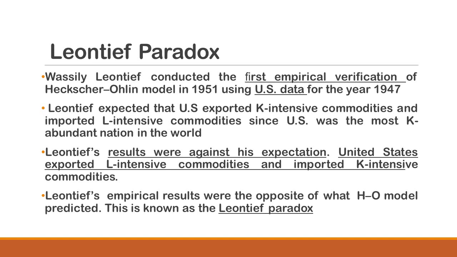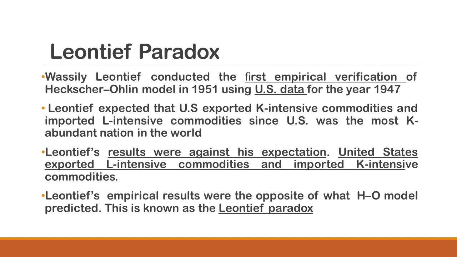He used data collected from US economy for the year 1947, and Leontief expected that as per Heckscher-Ohlin theorem, United States of America will export capital intensive commodities, and it will import labor intensive commodities, because US economy was expected to be the most capital abundant nation at that period of time.